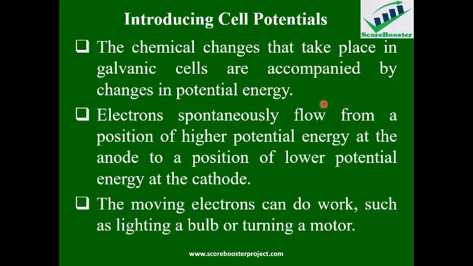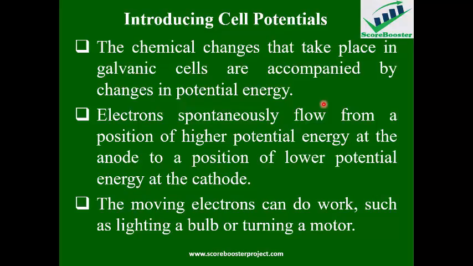So what we're trying to say is that when there is an imbalance in the potential of the starting flow and the ending flow, there's going to be a change in potential, and then we can harness that to produce some energy. The same thing applies in cells.